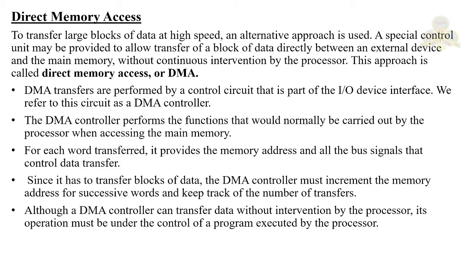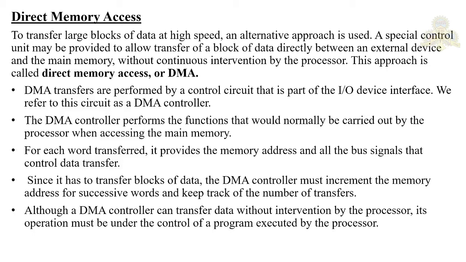Your input output operations are always performed by the operating system of the computer in response to a request from an application program. The operating system is responsible for suspending the execution of one program and starting the execution of another program. So for an IO operation involving DMA, the operating system puts the program that requested the transfer in a blocked state, then it initiates the DMA operation and starts the execution of another program.